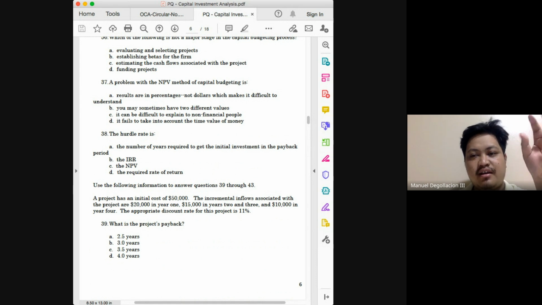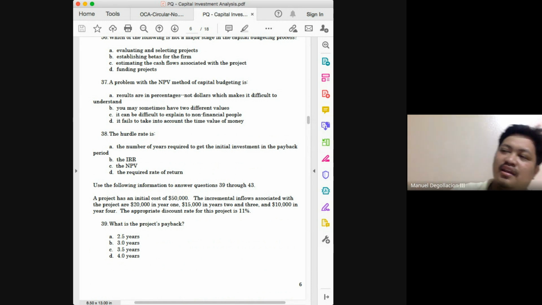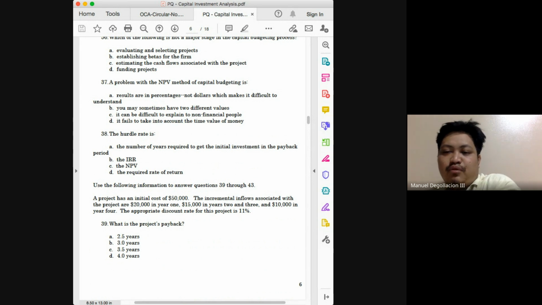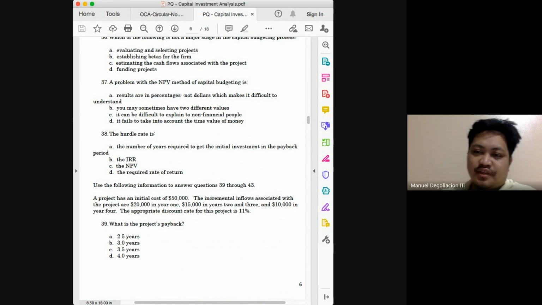Ordinarily, investment will happen in year zero, and subsequent to year zero, you will just have cash inflows. But it's possible for a project to require an additional investment down the road, and in that case, it can result in a scenario wherein you will have multiple levels of interest rate that can give you an NPV of zero.